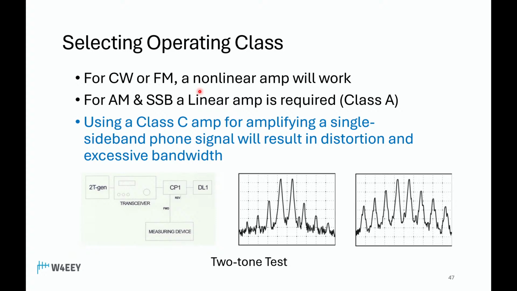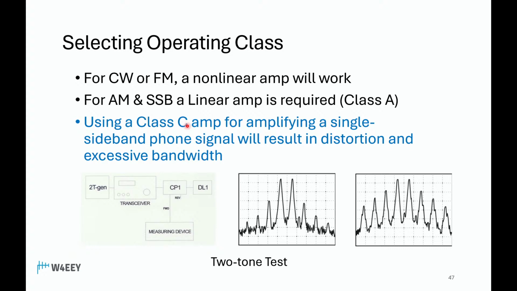In other words, if you've got a 100-watt transceiver, when you're transmitting FM, you're going to be transmitting 100 watts continuously. For CW, continuous wave, Morse code, when the key is down, you're going to be at 100 watts. So there's not a big concern about the little dips that may occur for Class B and C operation.